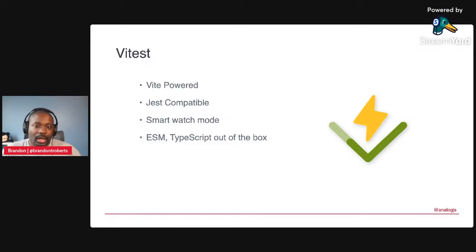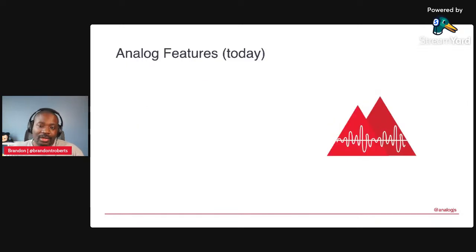So some of the Angular Analog features that we can take advantage of today, because we're still in active development, of course, are that we're powered by Vite. We're using Vitest for unit testing, and also some integrations in different projects, such as Astro, which I mentioned before, which is a static site generator. And I wrote a blog post you can definitely check out about using Angular components inside Astro projects.